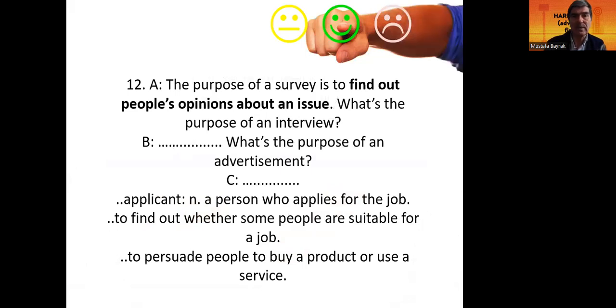Okay. 12. What is the purpose of a survey? The purpose of a survey is to find out people's opinions about an issue. What's the purpose of an interview? The purpose of an interview is to find the suitable person for a job, for example.